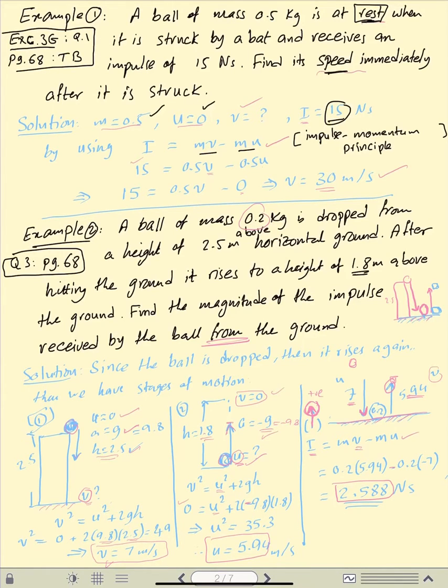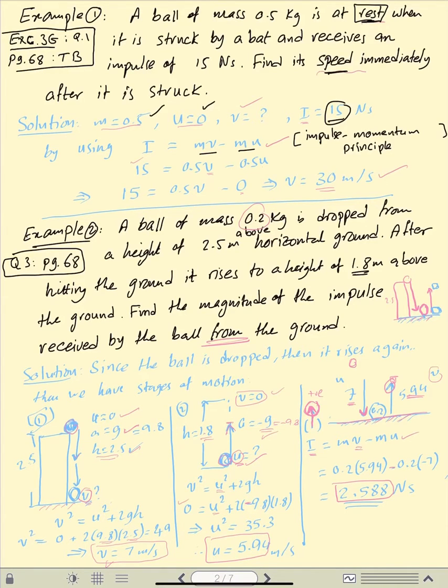So we know u, g and h. He didn't say find v, but we have to know by ourselves what we must find to calculate the impulse he wants. So I must first find the velocity v when the ball hits the ground.